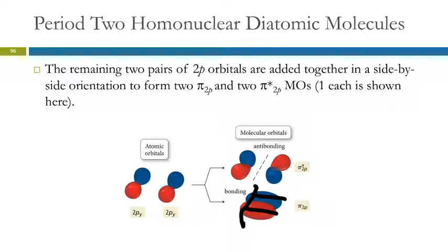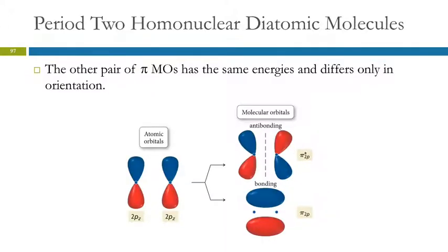Okay? There's one more pair of orbitals. This is pz and pz. So they're parallel to each other. When these are combined, we get a bonding orbital and an antibonding orbital. So this is the same shape as the one from the py.